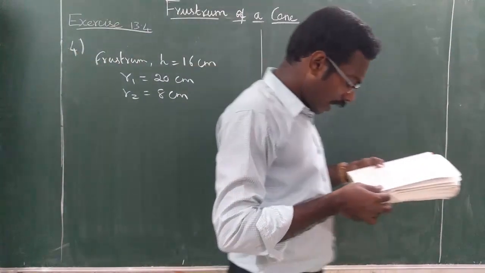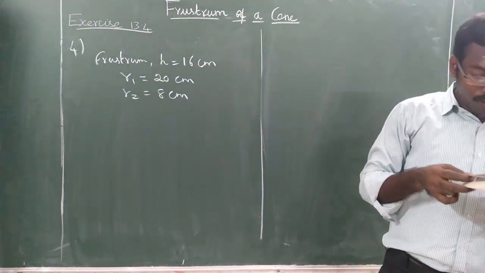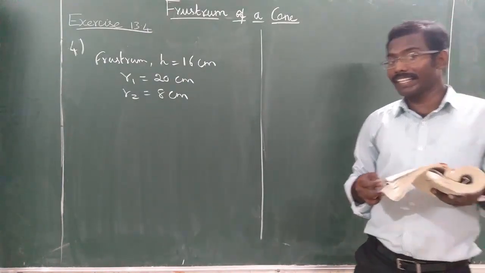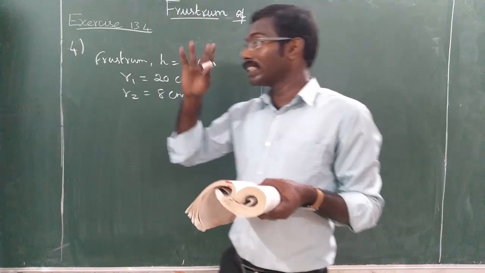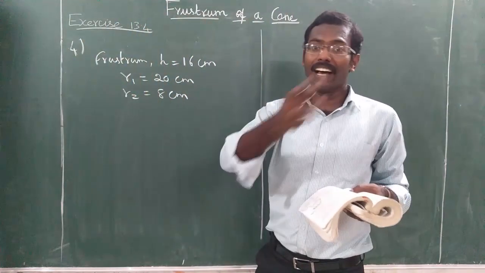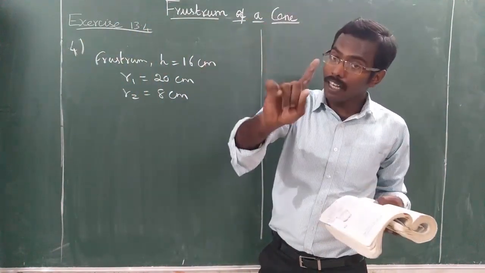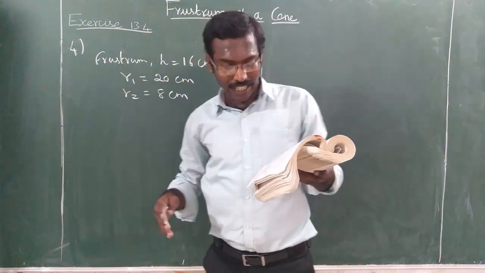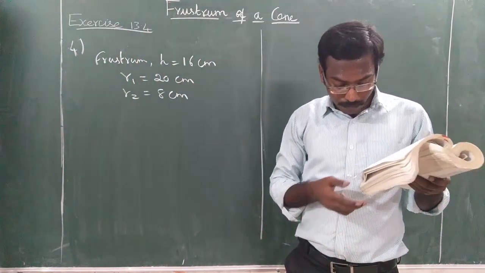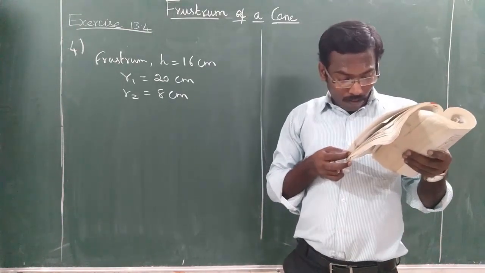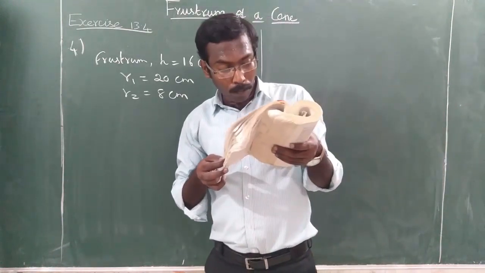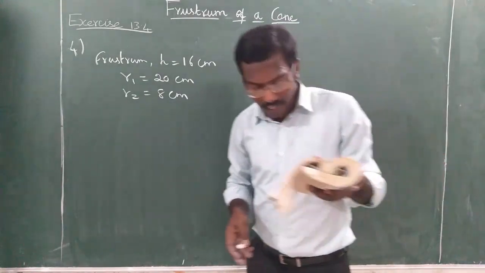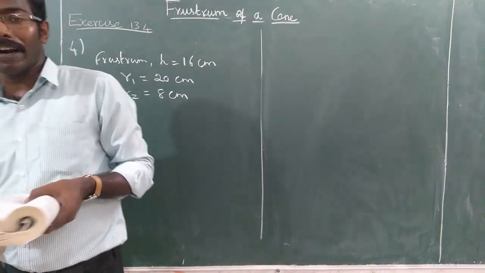Then, after finding this, also find the cost of the metal sheet used to make the container. Cost of the metal sheet means you have to find the area also. So first find the volume and cost, then find the area of the container. The cost is measured like this: if it costs rupees 8 per 100 centimeter square, and the pi value is given as 3.14.